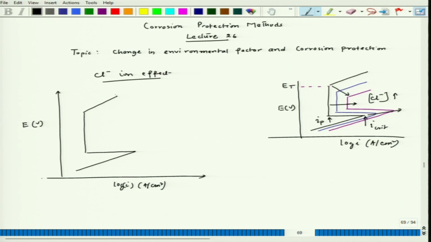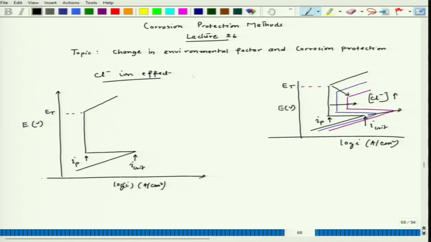So, this is the typical anodic part of an active passive metal. Corresponding points are IP, I critical, and this is ET.